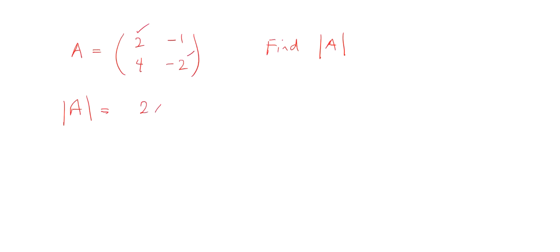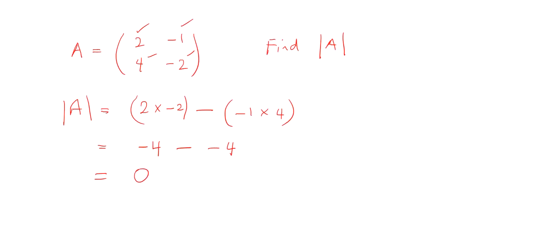So it's 2 multiplied by minus 2, put it in brackets please, minus, and I'm going to take this and multiply by this. So it's minus 1 multiplied by 4. So 2 multiplied by minus 2 will give me minus 4, minus 1 by 4 will give me minus 4, and minus 4 minus minus 4 will give me 0.